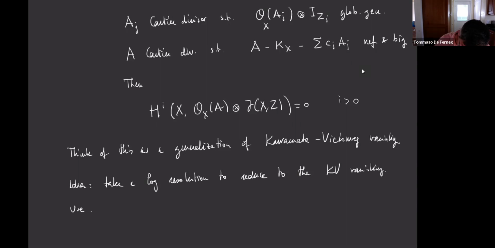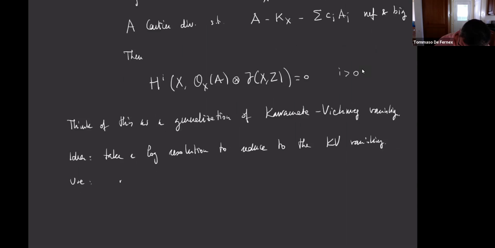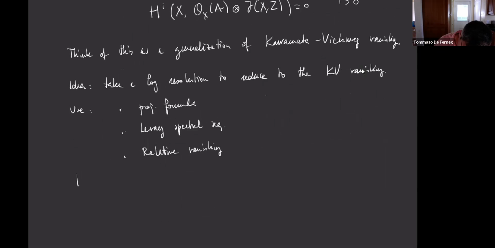And then you're going to use three tools, besides Kawamata-Viehweg vanishing: the projection formula, the Leray spectral sequence, and some sort of relative vanishing, to deduce the vanishing on X. Okay, let me just leave it at that. In my notes, I sketched the proof with more details, so you can look at the proof there. You see exactly how the reduction works.